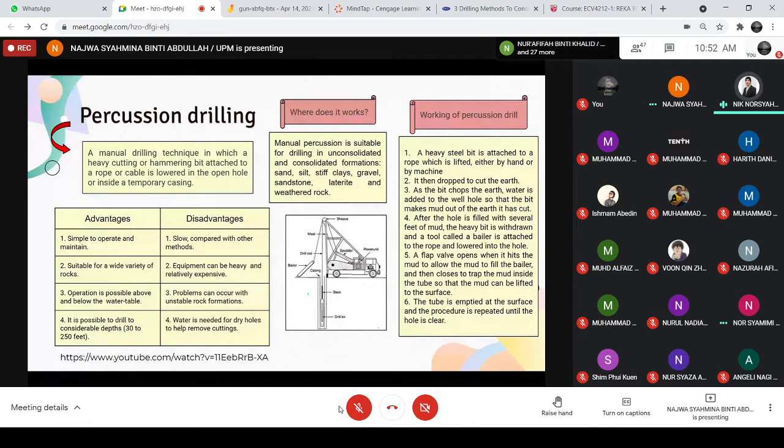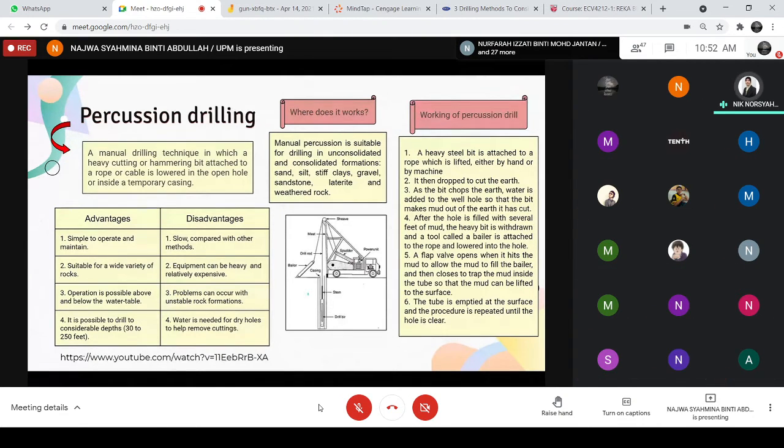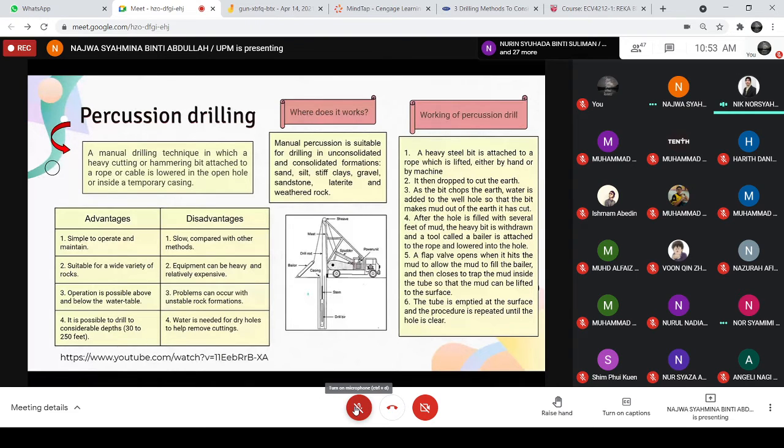Then you can move on to preparing the design of your piling or your shallow foundation, the footing. We are moving towards that. No worries. Any other questions?